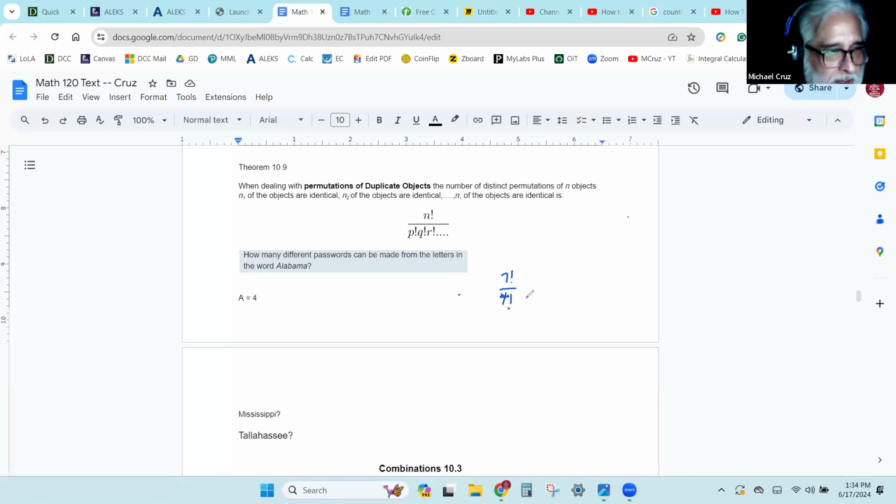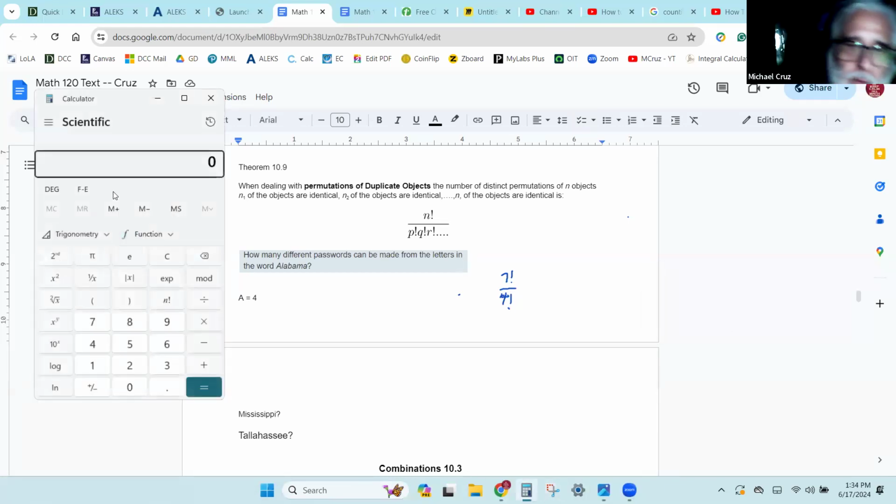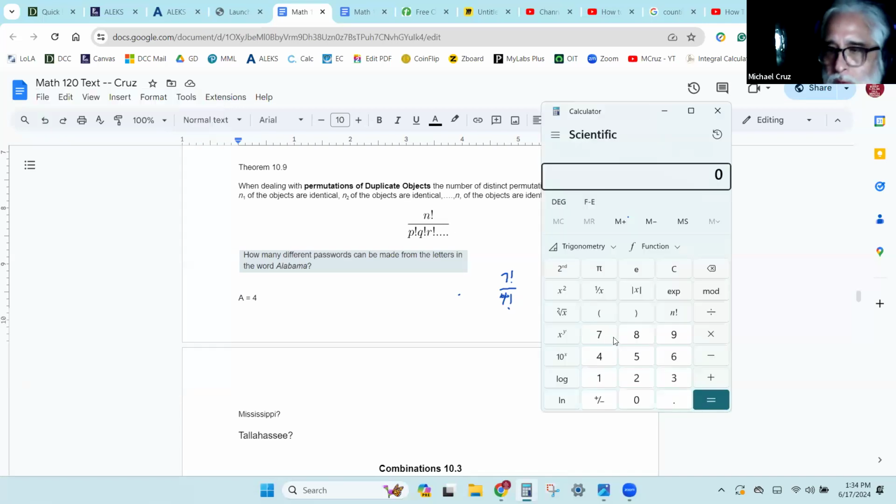But the A repeats 4 times, and one A is indistinguishable from the other A. You can do that here with a regular old calculator. 7 factorial divided by 4 factorial: 210.